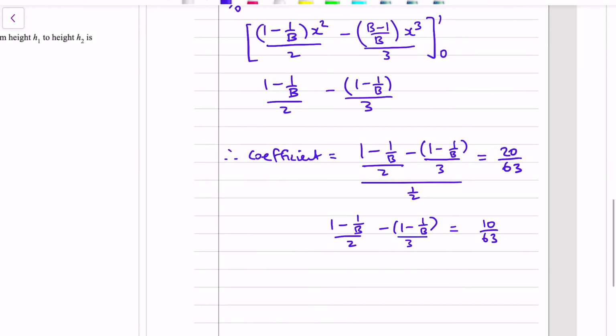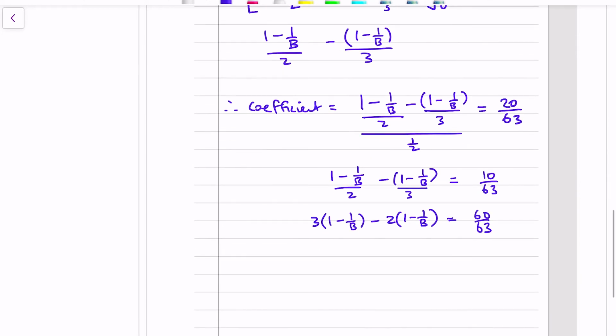Then I times everything through by 6 to get rid of the 2 and the 3. So it's going to be 3 times 1 minus 1 over b minus 2 times 1 minus 1 over b equals 60 over 63. And then I've got 3 minus 2 is 1, minus 3 over b plus 2 over b is minus 1 over b.